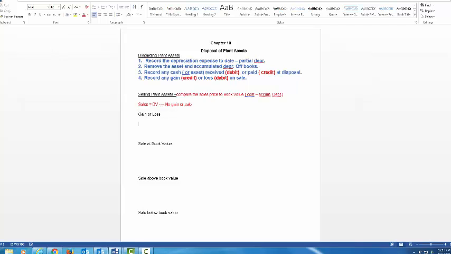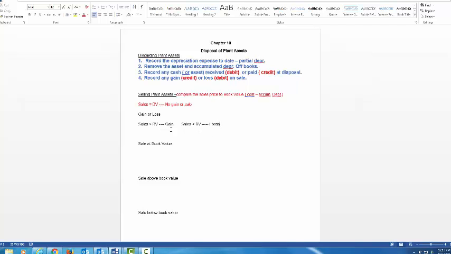If the sales price is greater than the book value, then that's a gain. If the sales price is less than the book value, then that's a loss.